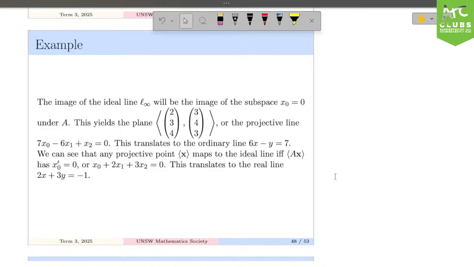Okay. And note that this is now an ordinary line, so our transformation here is sending an ordinary line to the ideal line, and it's sending the ideal line to an ordinary line, because these two vectors are both ordinary points.